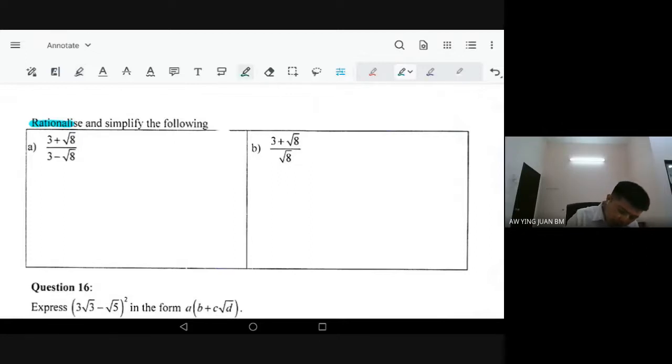So, means that dia nak you jadi Q. Rationalize is a action, kata kerja. Rational is a kata nama. Okay, is a noun, is a verb. So rationalize maksudnya jadikanlah dia rational. And then simplify. Ada dua. Rationalize and simplify. So cuba you tengok ini. Is it a rational number?